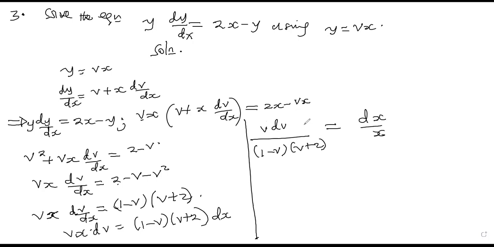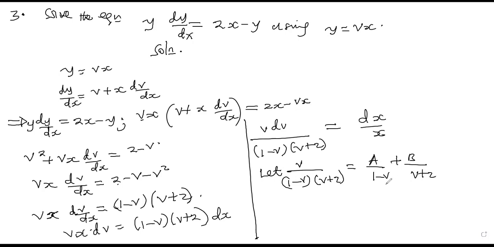But as you can see, this one is a partial fraction. So we shall first let v over (1 minus v)(v plus 2) be equal to a over 1 minus v plus b over v plus 2.